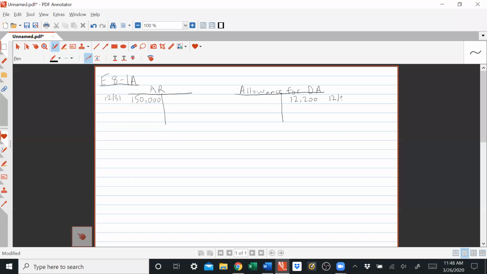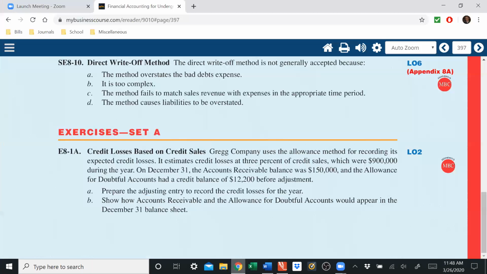So this is the balance 12/31 before adjustment. Credit sales during the year were $900,000 right here. And they estimate that the credit losses will be 3% of credit sales. So they're using the percent of sales approach to the allowance method.